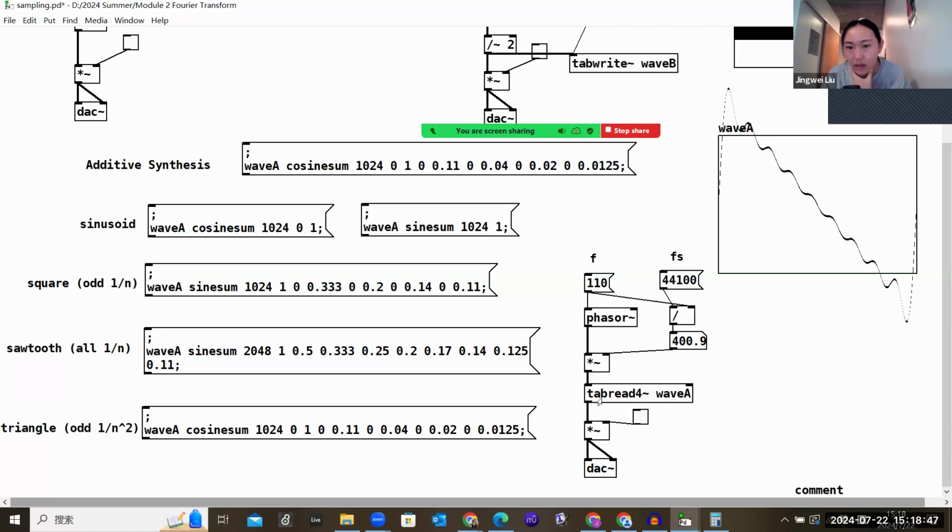So this is tab read, which means it's reading this wave table. And this is a device I just wrote to read this table. This is sawtooth, about triangle, square.